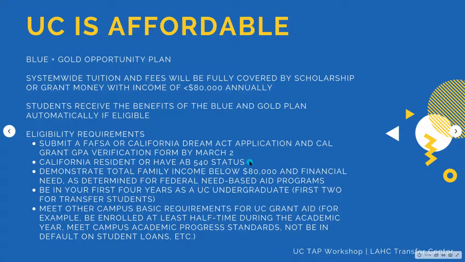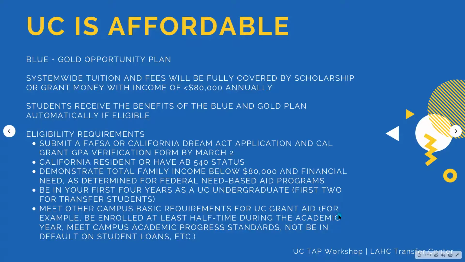And you can be a California resident, have AB 540 status to qualify. The family income, like I said, it's $80,000 or as determined by federal need-based aid programs. Also, being your first 4 years as a UC undergraduate student or first 2 for transfer students, which you will be, right? You'll be starting at a UC, and meet other campus basic requirements for UC grant aid.